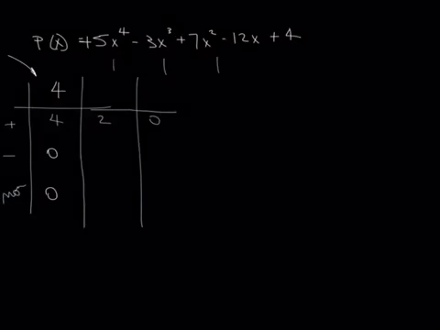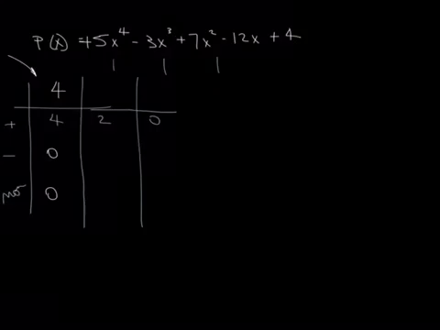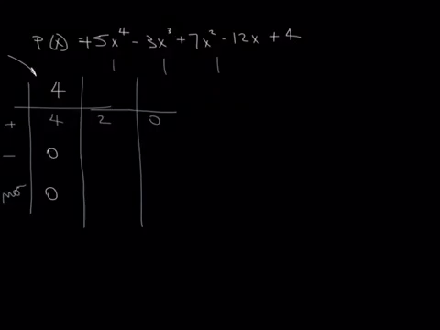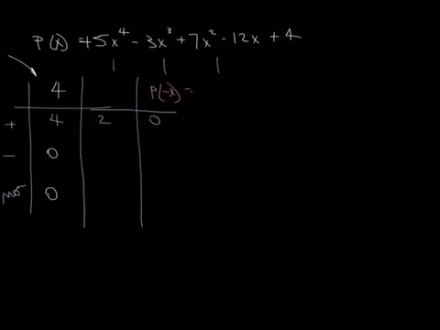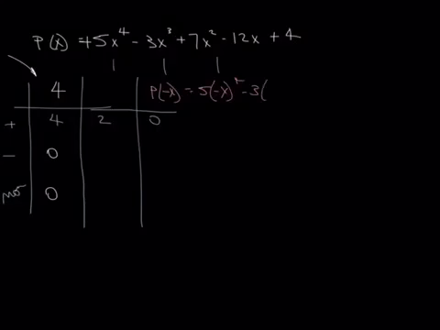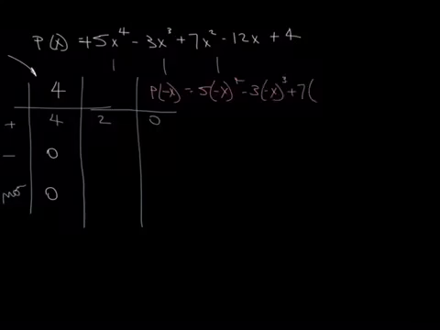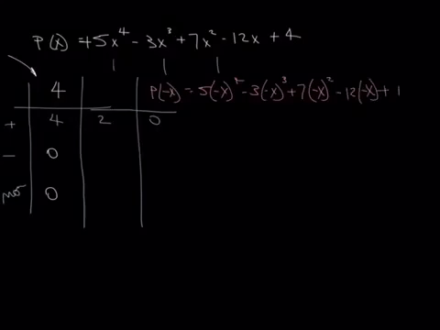Let's look at P of negative x before we go on. I'm going to have to put that over here a little bit to make sure I've got room to write everything. That's going to be 5 times negative x to the 4th minus 3 times negative x cubed plus 7 times negative x squared minus 12 times negative x plus 4.